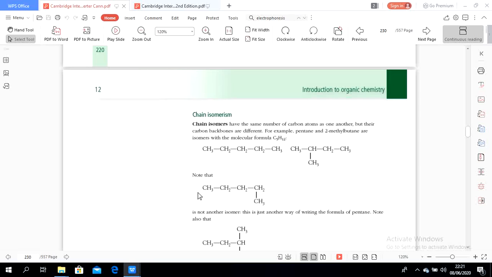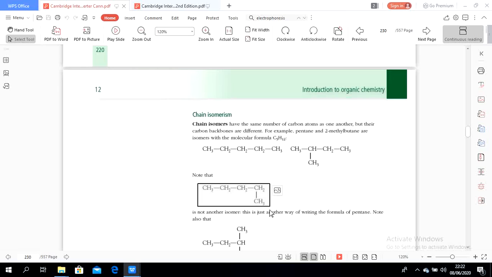Note this structure: CH3, CH2, CH2, and then a branch with CH3. We note that for isomers, the branch must not be at the end of the chain. It must be in the middle.